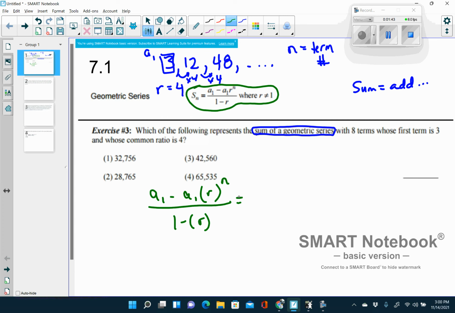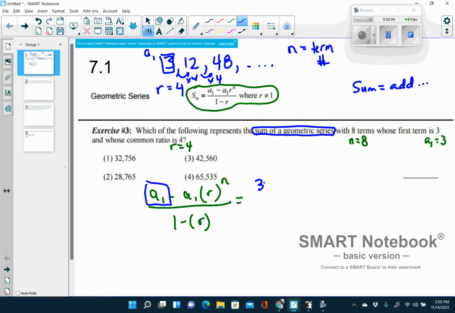Which of the following represents the sum of a series with 8 terms? So n is equal to 8. I'm annotating the question, whose first term A1 is equal to 3, and whose common ratio is 4, so our R is equal to 4. All we're going to do now is plug in these numbers. Our A1 is our first term, which is 3.